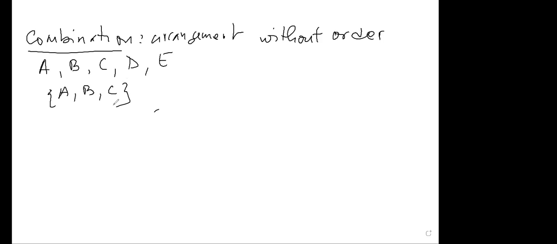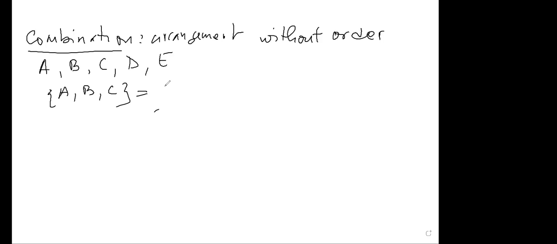If I was interested in sending A to the bookstore, B to the library, and C to the cafeteria, then I have many ways of expressing this single combination into permutations.